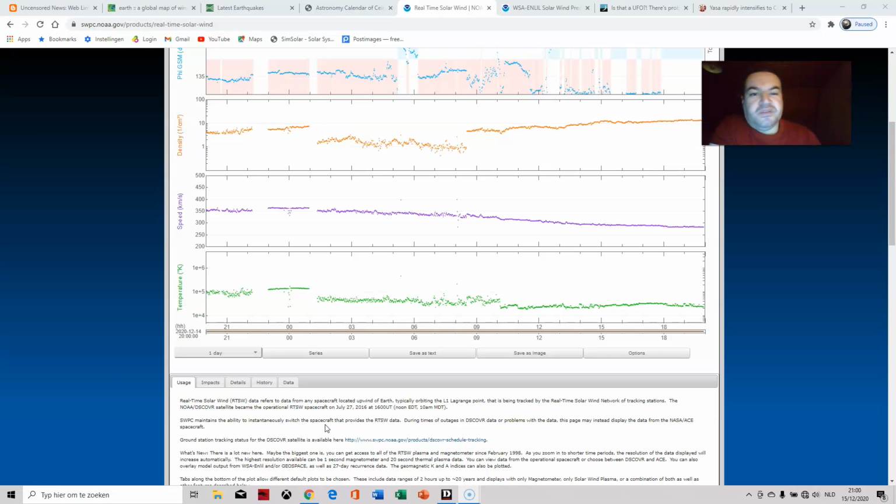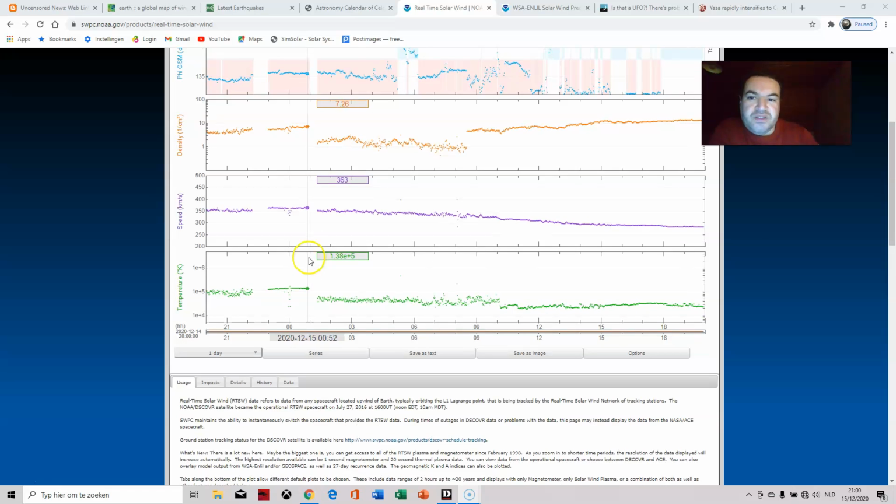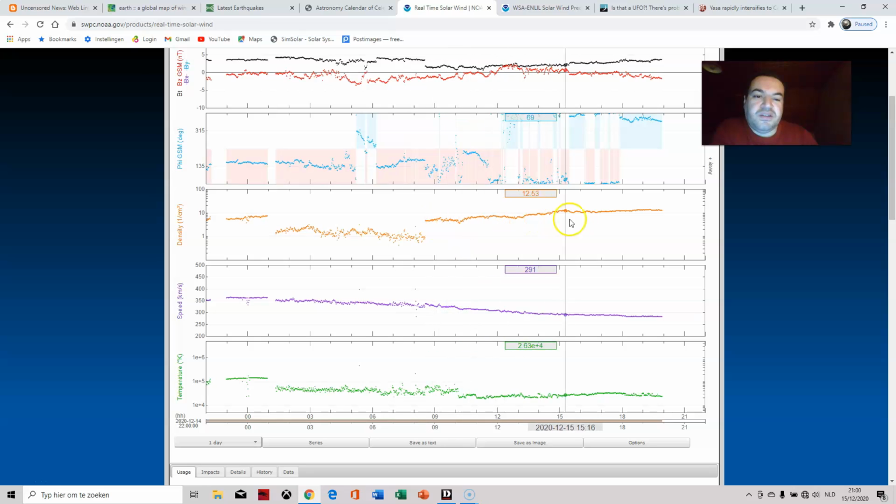So let's start with a little bit of space weather. I noticed something. This is the solar wind. And for some strange reason, we are in an area of low speed but high density of particles.